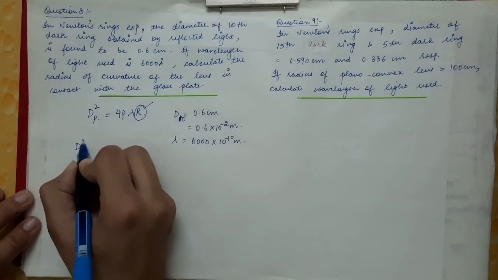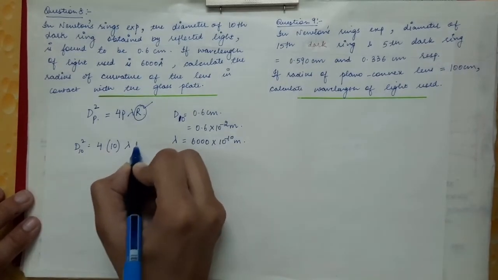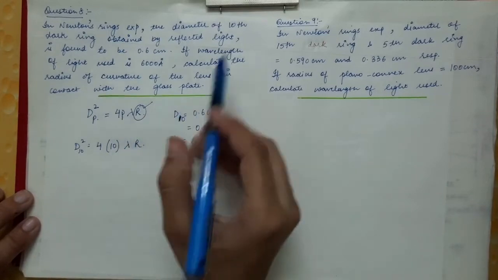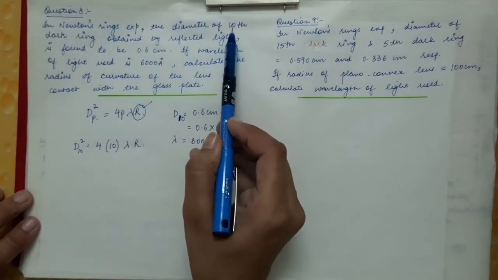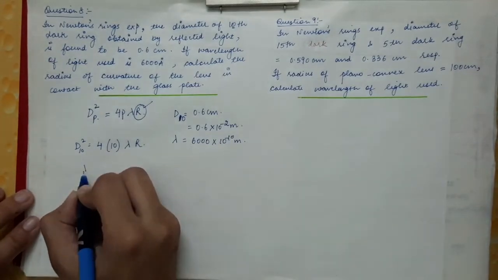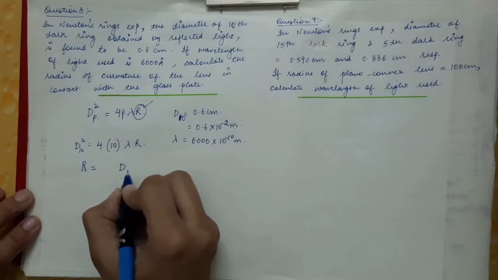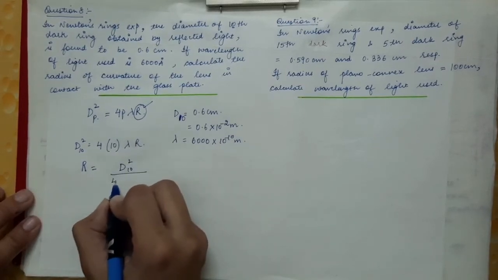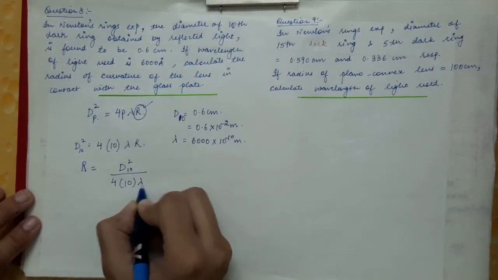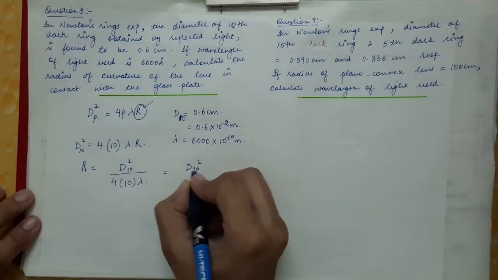So from here, D10 square will be equal to 4 into 10 into λ into capital R. p is equal to 10 because we are given the diameter of the 10th order dark fringe. So capital R will be equal to D10 square divided by 4 into 10 into λ.